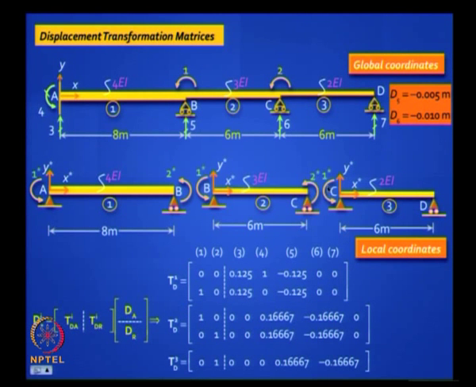Clear? Now you apply D2, that means this one, D2 equal to 1. You agree this will get affected and this will get affected, which will show up as 0 0 0 1 1. Clear? Next we apply D3 equal to 1, which means we are lifting up the left end A and restraining all the other coordinates. This will result in a clockwise chord rotation in the element 1 alone.